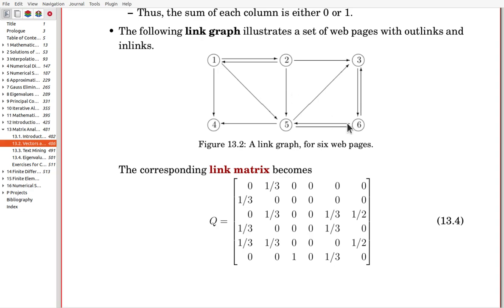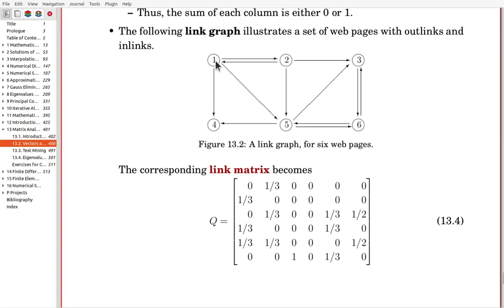In this way, you can understand. Then look at here. Now, the first web page has 3 outlinks, that is 2, 4, 5. So for 2, 4, 5 the weight is given equally. Once somebody comes here and tries to go to the next website, then we assume that it has equal probability to go to the next website.